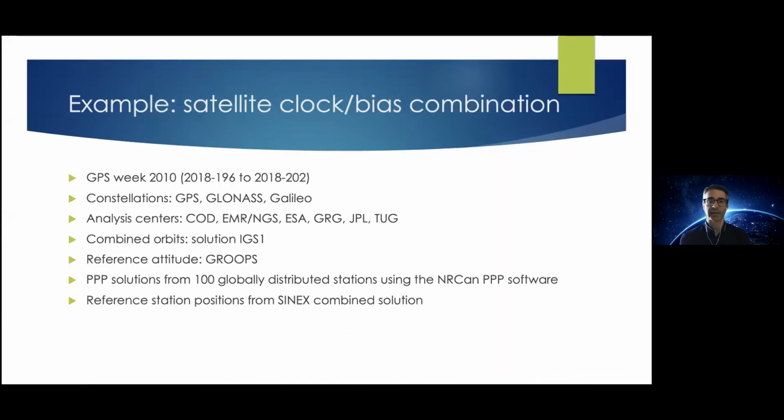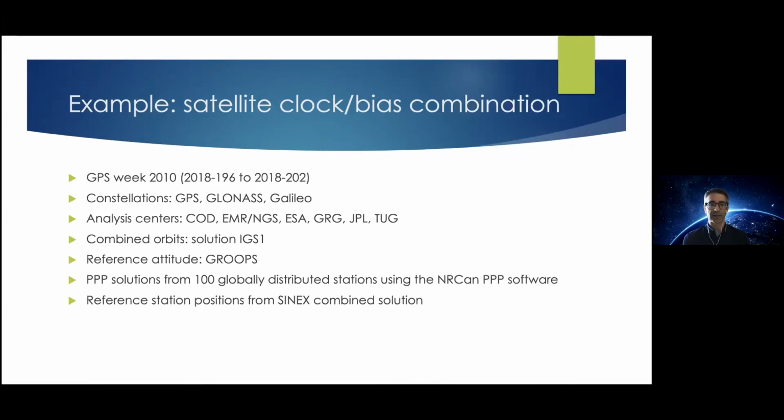Now we can look at an example of the satellite clock and bias combination to get more insights into the process. We'll look at 1 week of data in 2018. We'll consider satellites from 3 constellations, GPS, GLONASS, and Galileo, and products from the 6 analysis centers who contributed the 30-second clocks.